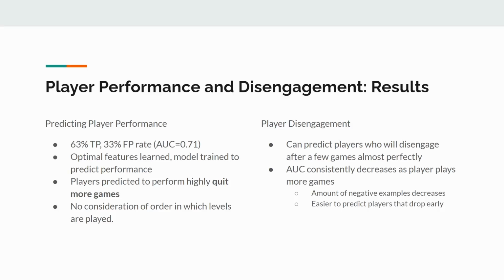But as we increase the number of games played, it becomes consistently harder to predict when the player is going to disengage. This is likely because the number of negative examples decreases, which means there are fewer examples to train the model on, and it also might be easier to predict players that drop earlier, given their feature set.